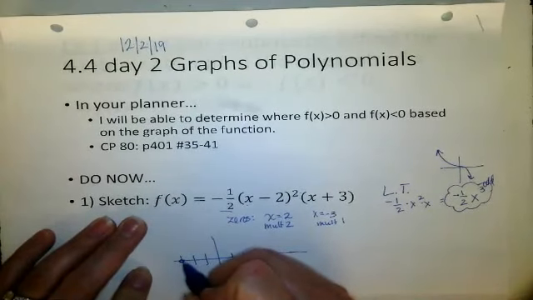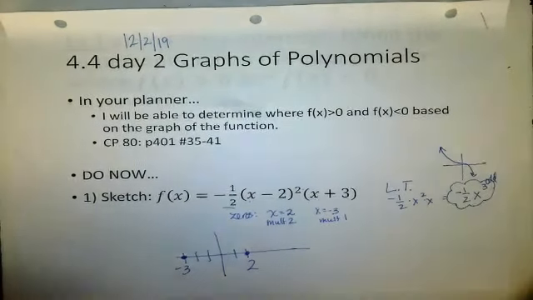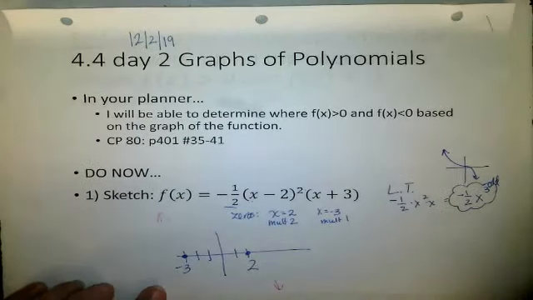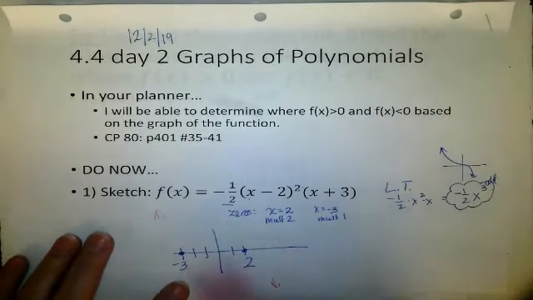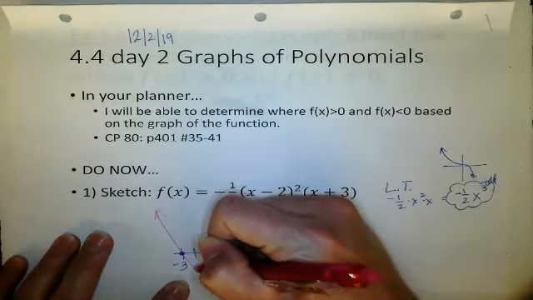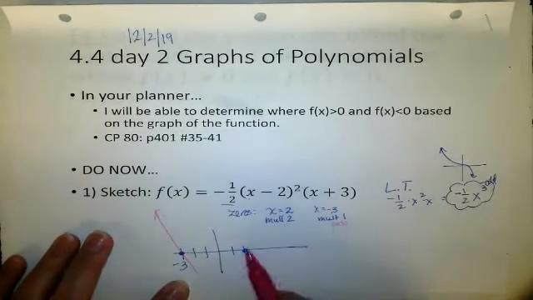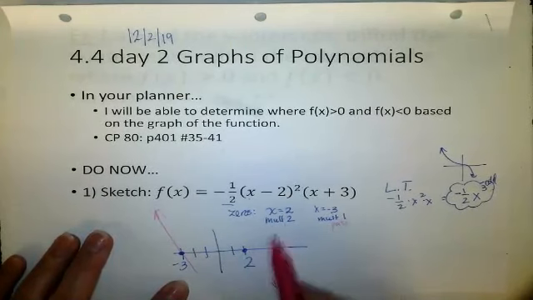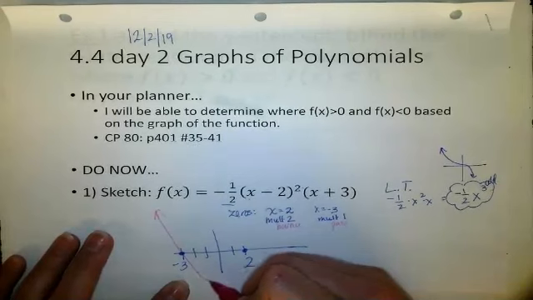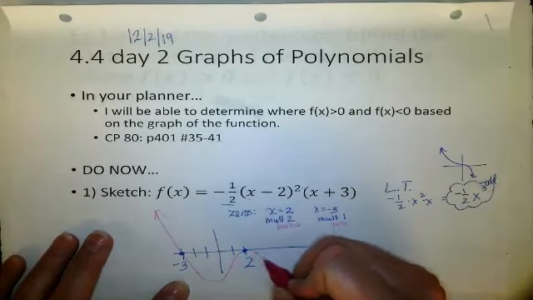I know my arrow starts up high on the left and is going to end low on the right. I hit negative 3 first and pass right through that one since it's a multiplicity of 1. Then the next zero I hit is 2, and it has a multiplicity of 2, which means we're bouncing. Turn around, and bounce off that zero.